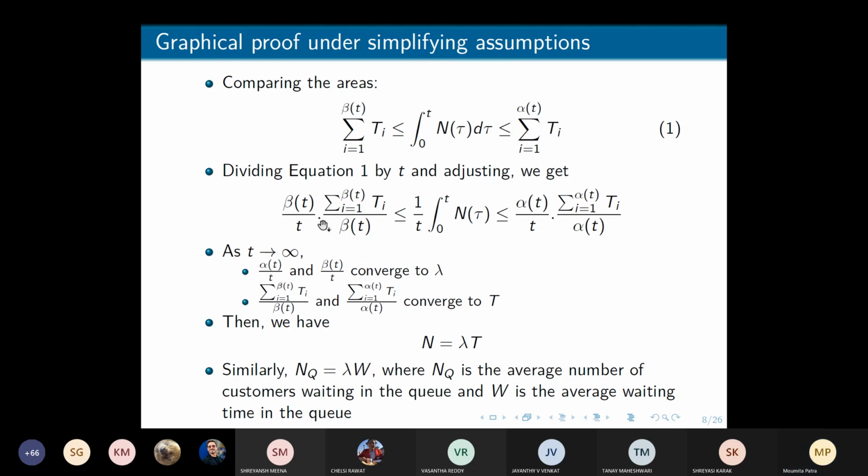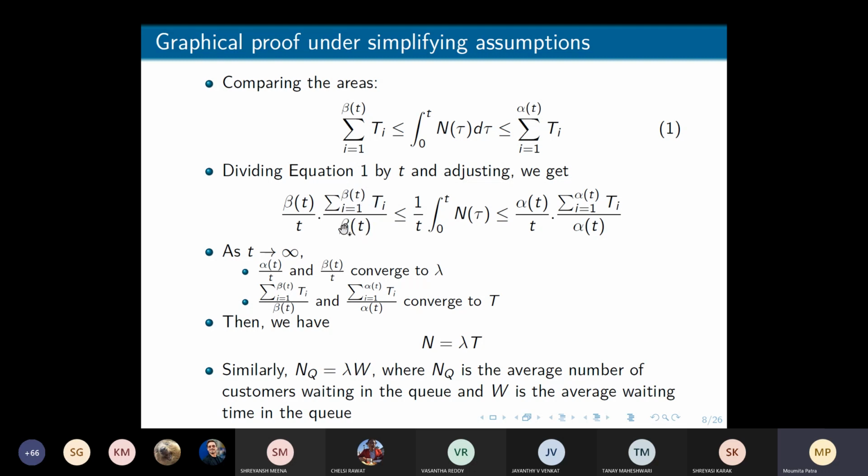We know that beta t by t would be the average number of departures happening from the system, right? So we multiply the numerator and denominator by beta t here. So beta t by t times summation i equals 1 to beta t of ti by beta t.